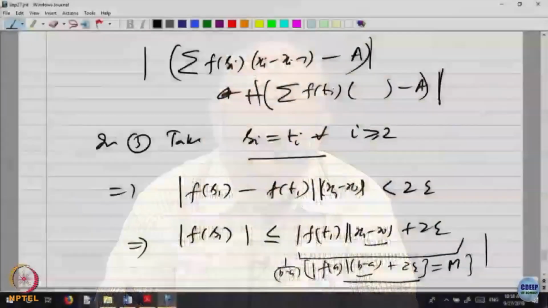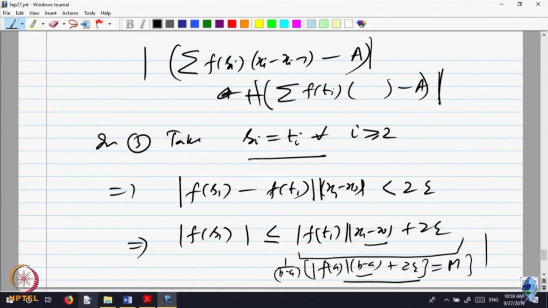No, I shouldn't write 1 over b minus a, I should write something else. Yeah, I think f of s1 minus, that makes it smaller. Yeah, there is a minor thing. I think from here, if you want to go, yes, there is a small hitch.